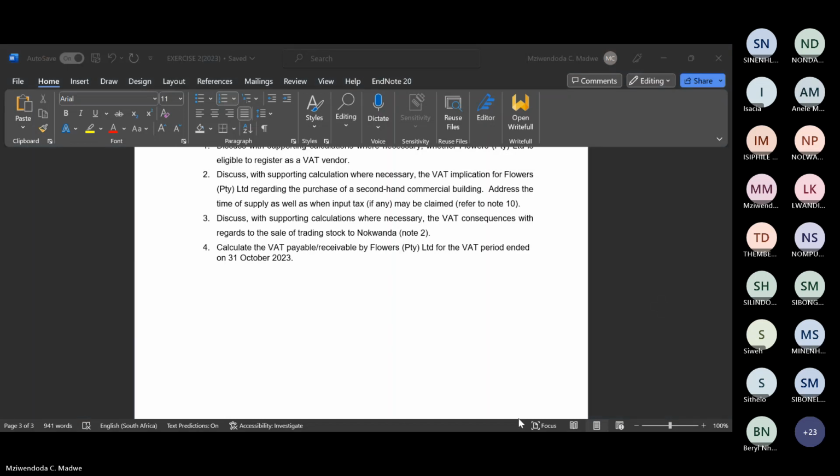So Flower is selling the trading stock to Nogwanda. So you have to determine the VAT implication to the connected person. What is the VAT implication to connected person? Then now let us go to note number 2.